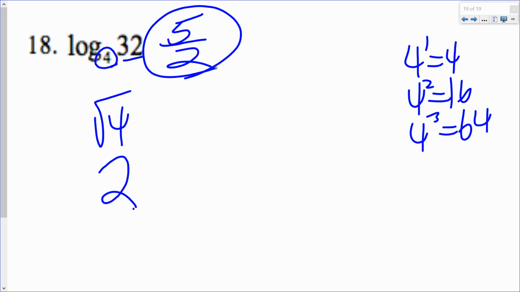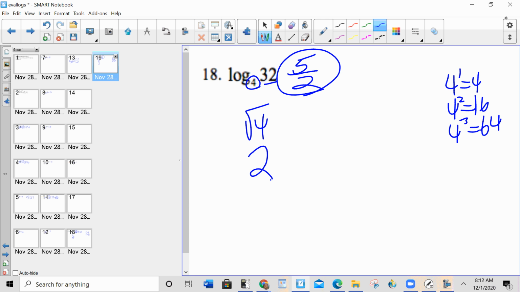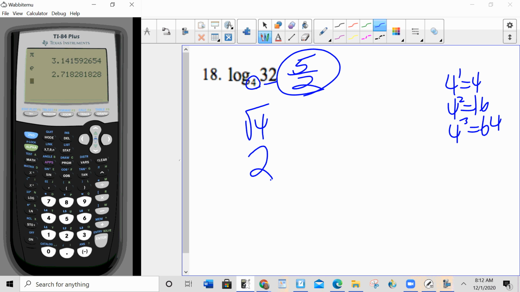Now, I feel like this would be a good opportunity, now that we learned how to evaluate logs, for me to show you how we can also do this in the calculator. And again, you're not going to be asked on a test to do what we just did, but it's important for you to have an understanding of what logs are.